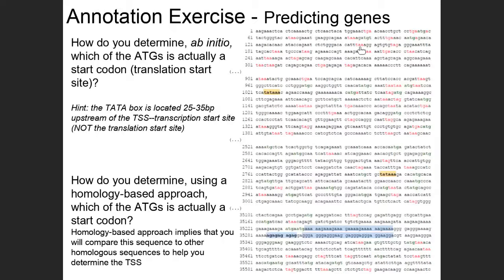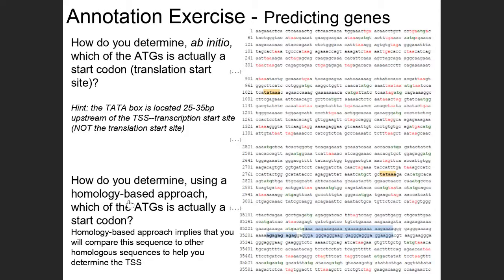Since BLAST doesn't know if this is the template strand or the coding strand, it will translate this in 3 frames, reverse complement it, and then translate the reverse complement, make 6 proteins, and then check if each of these 6 proteins matches a protein in the database. So that's called the homology-based approach, which you are going to do.